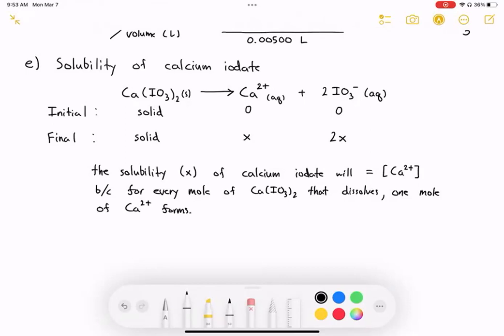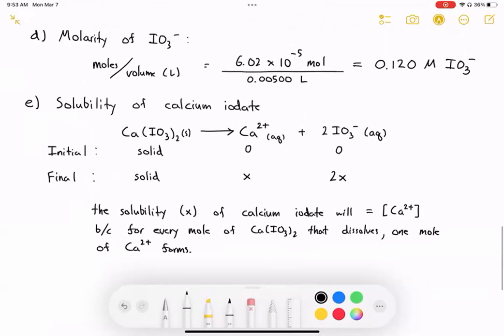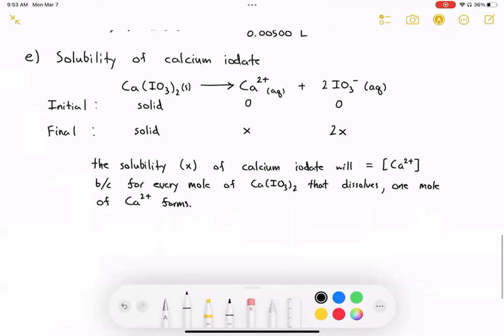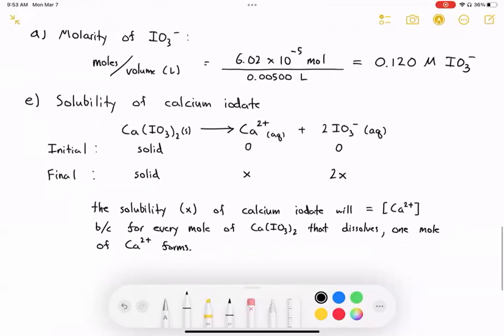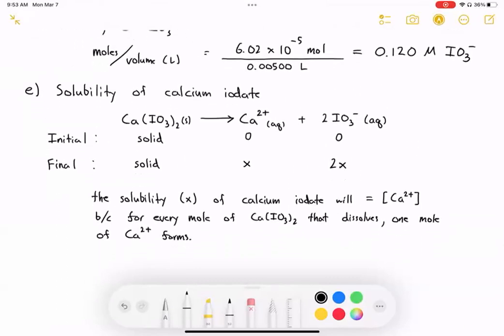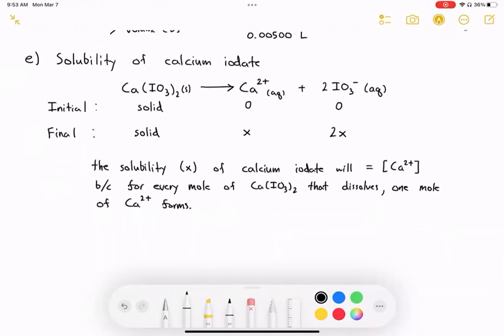Okay. So by that similarity, now we know the moles of iodate. We can say, oh, if there's 2 moles of iodate, right? So the ratio is calcium iodate. So you see here that the ratio is 2-to-1.